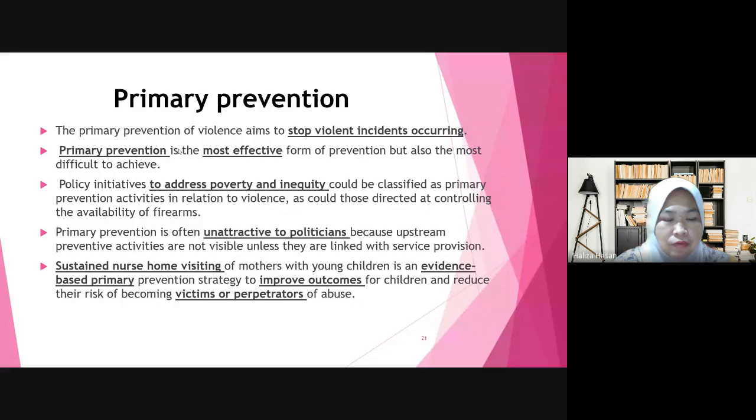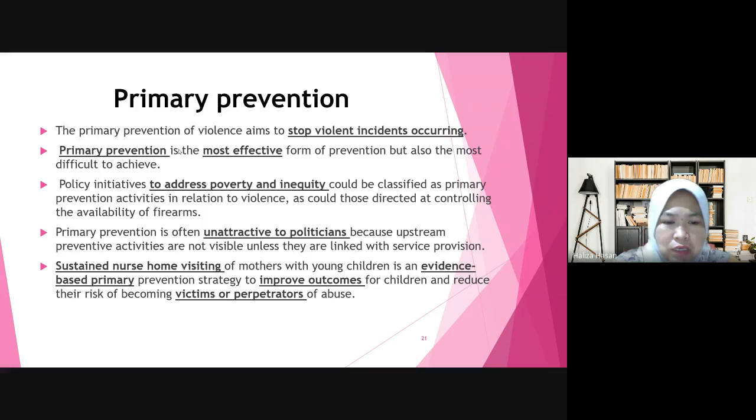Okay, primary prevention is often unattractive to politicians because upstream preventive activities are not visible unless they are linked to a separate provision. So usually it's quite difficult to implement primary prevention if there is no support.